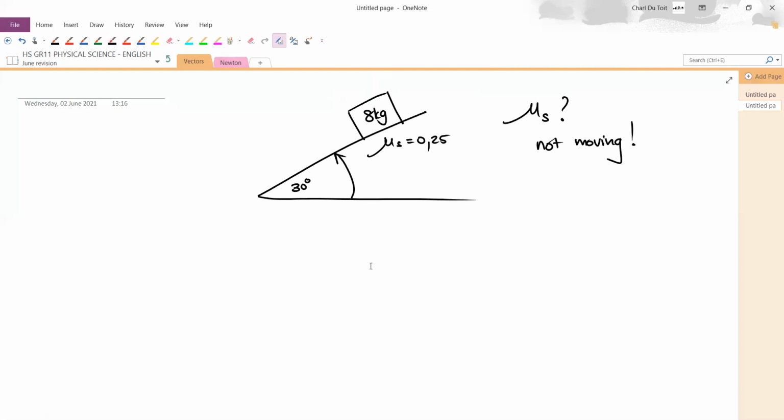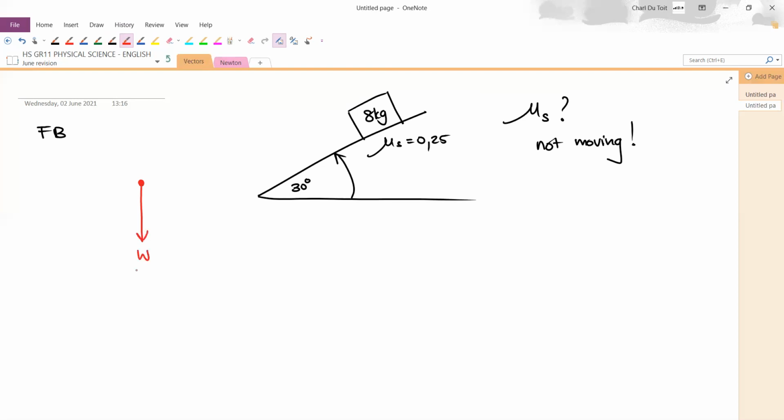Right. So let's work out the following. I want a free body diagram. Help me draw that. You're going to put the dot to represent the box. Then there's going to be a gravitational force downwards, which is weight.